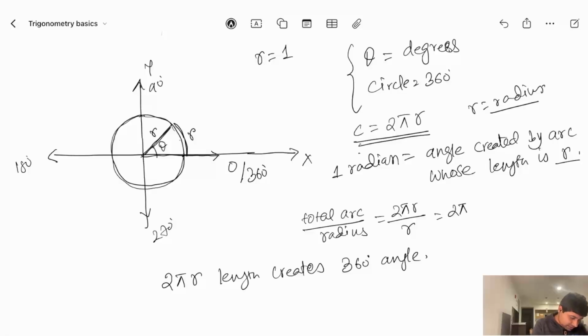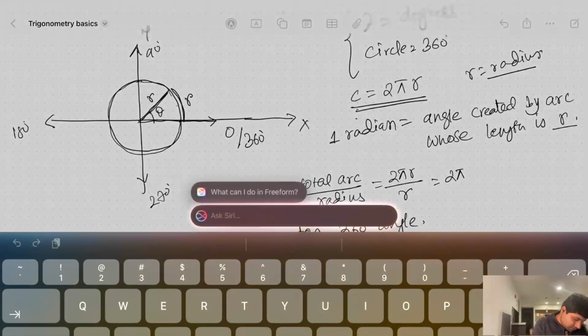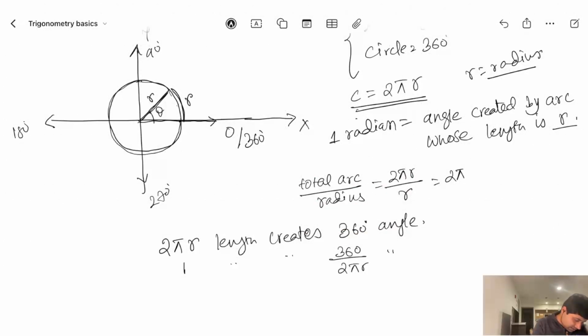Then 1 unit of length creates 360 divided by 2 pi r angle. What we are looking for is 1 radian, so the arc of length r creates 360 divided by 2 pi r, times r, right?